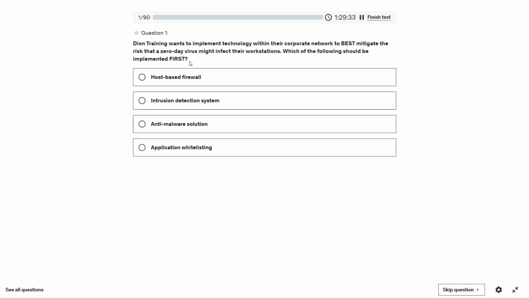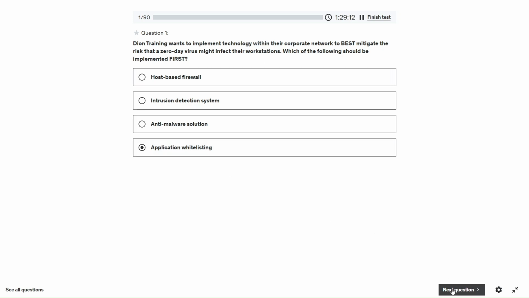No IDS, no IPS, no other antivirus can detect this virus. So what you need to do, you always go with application whitelisting. Only allow those applications to run which are needed on the system or on the workstation.